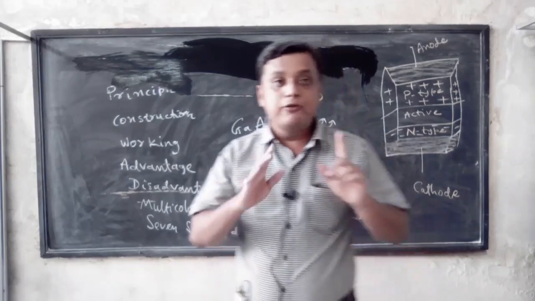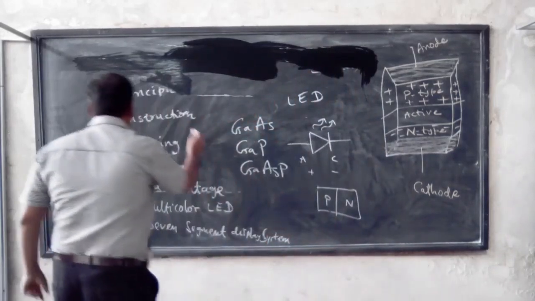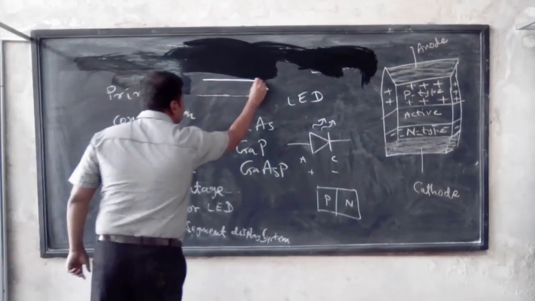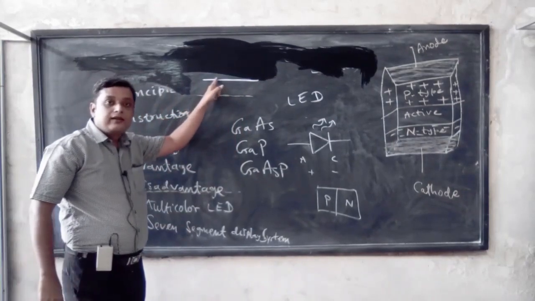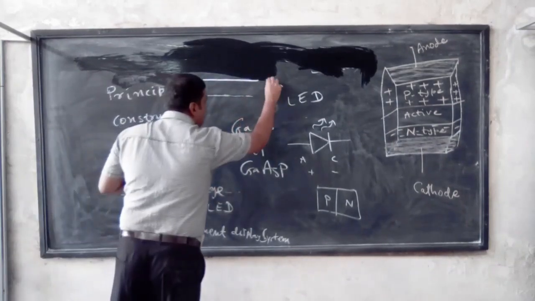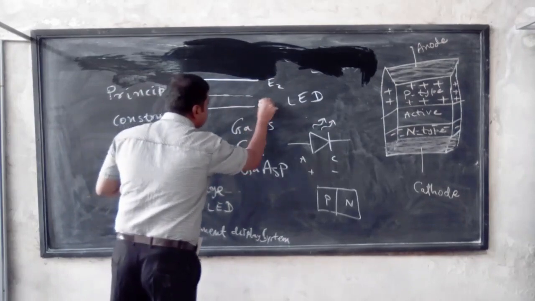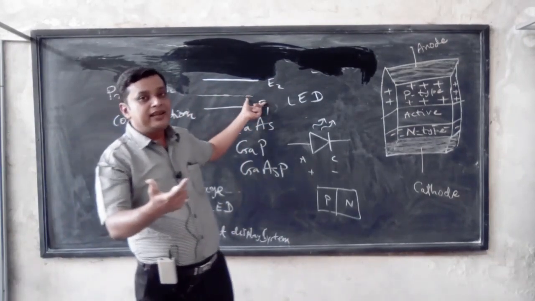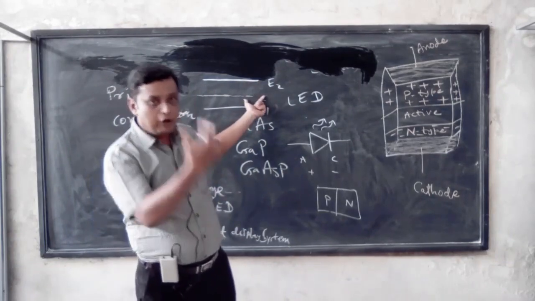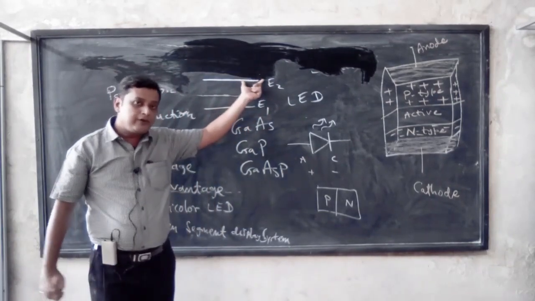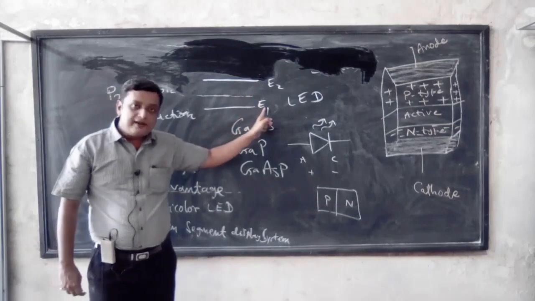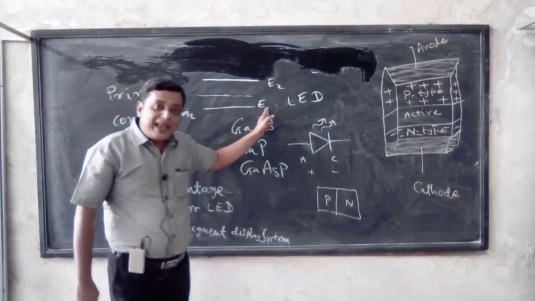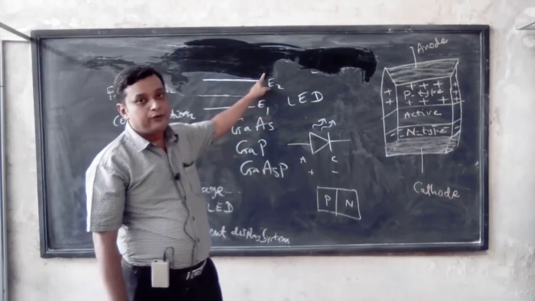actually if we have two energy levels, this is energy level 2, this is energy level 1. Why have I drawn this energy level 1 below energy level 2? Because energy level 1 has a lower energy compared to energy level 2.